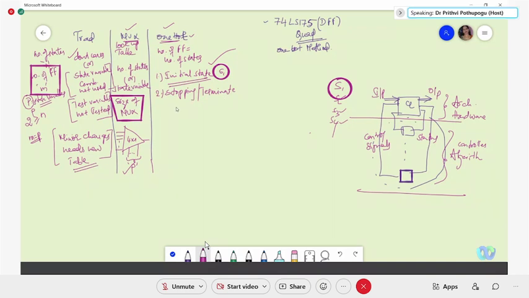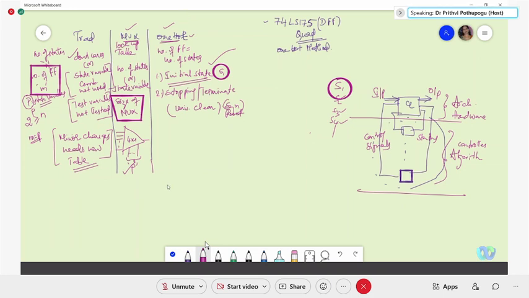You have to use the universal clear signal, that means synchronous clear. Synchronous reset or clear should be used in order to stop the iterations. Okay, and if these two are taken care of, you can go for one hot in an error-free format.